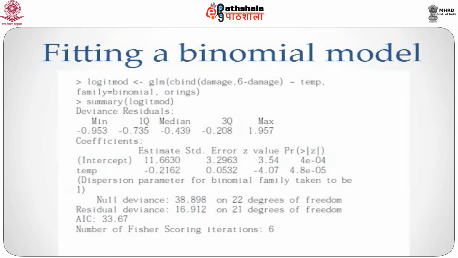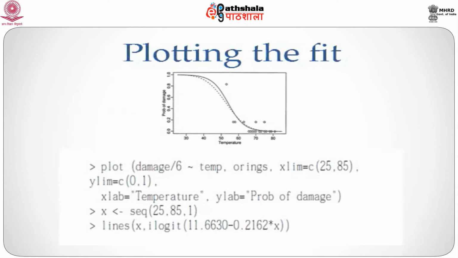It also measures the goodness of fit given by the AIC, and finally it gives the number of Fisher scoring iterations which were required for the model to converge. We might want to use the plot function. So here we have done a plot of the raw data. So plot damage by 6, which is the proportion of damaged O-rings as a function of temperature.